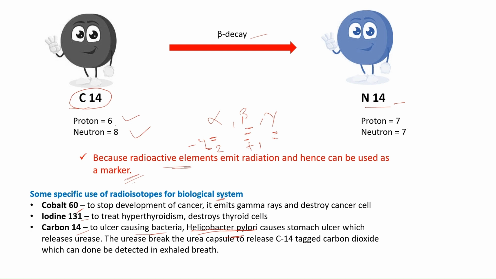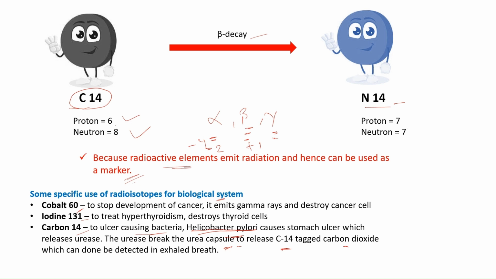So what we do is give one capsule which contains carbon dioxide. That carbon dioxide is carbon-14 tagged. As soon as the patient swallows this capsule, if that person has Helicobacter pylori infection, this bacteria will release urease.